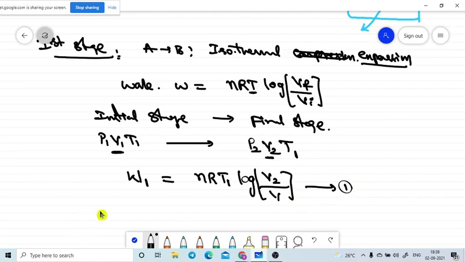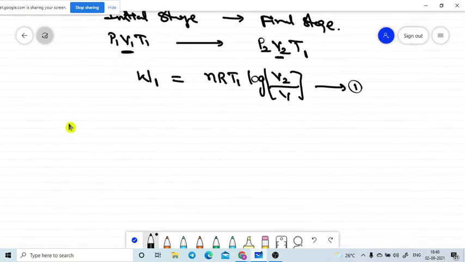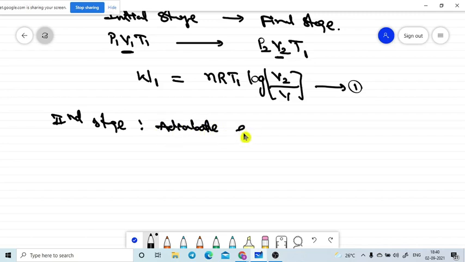Now, moving to the second stage, what is the second stage? The second stage is adiabatic expansion, where we are moving from B to C. Let me tell you the general formula for adiabatic expansion.